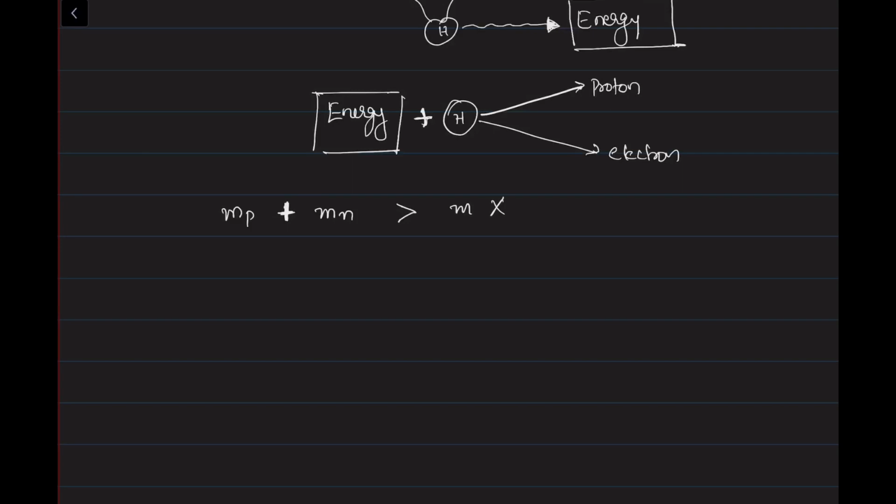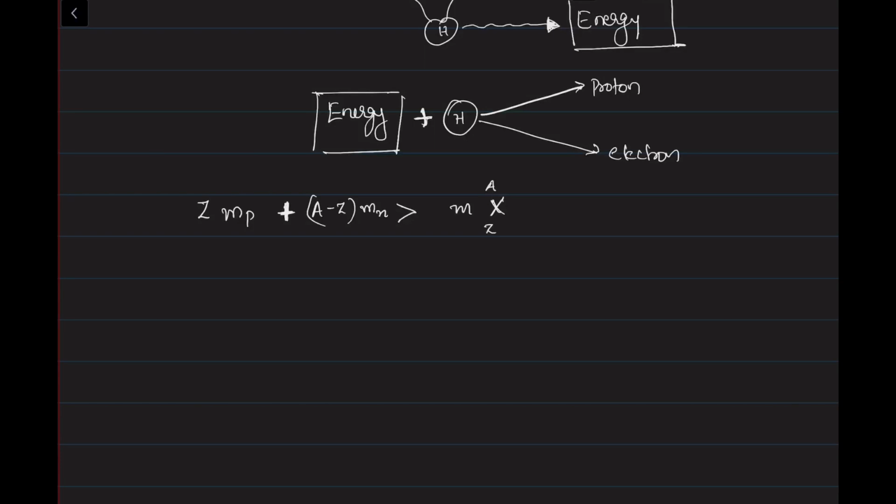Let me write it as X, with atomic number Z and mass number A. Imagine there are Z protons and A minus Z neutrons. The mass of the separate, individual particles will definitely be greater than the mass of the nucleus which is formed.